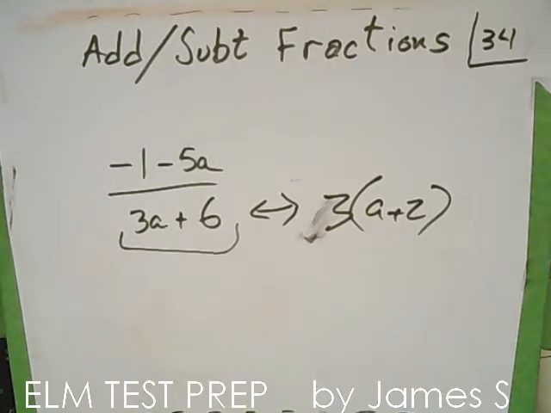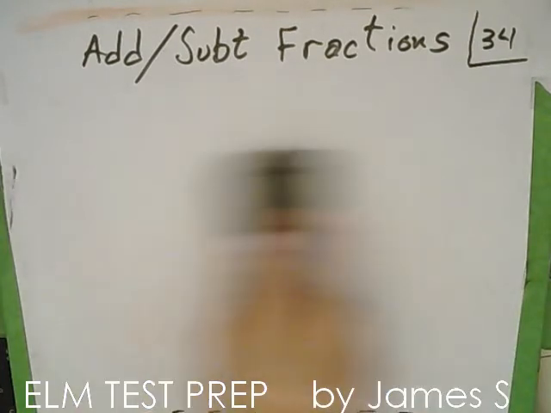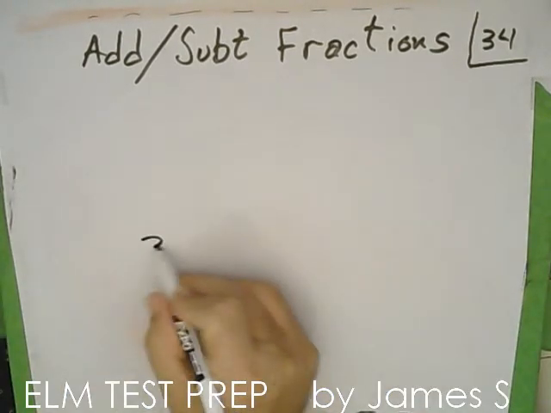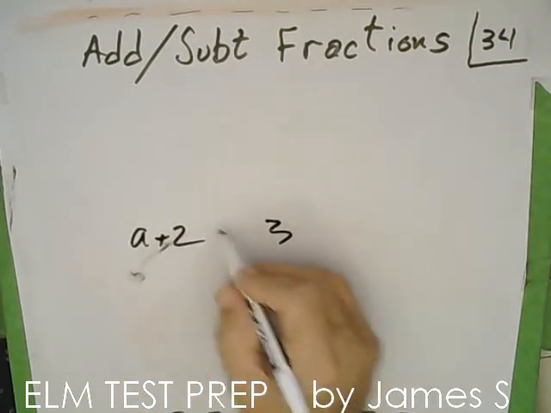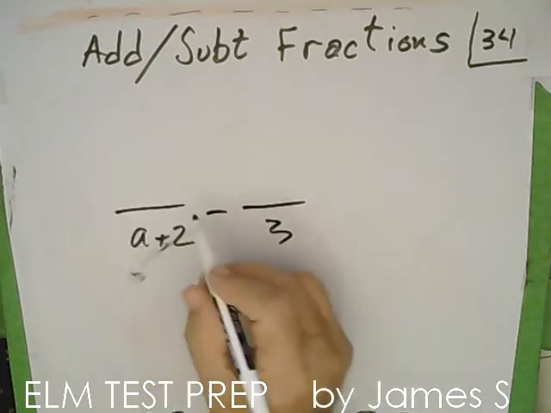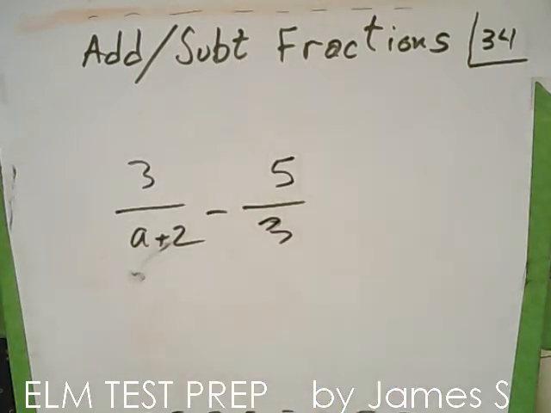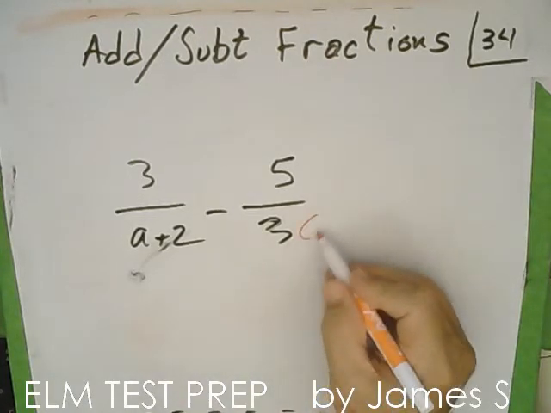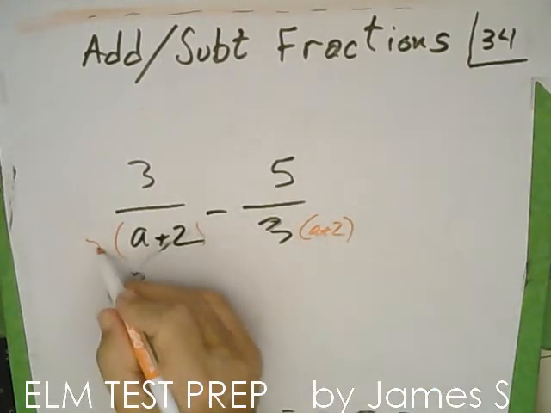Let's go back here just a little bit if I can remember what this is. Okay. I had a plus 2 here and 3 here, and a minus, and I think I had a 3 here and a 5 here. Well, you remember when we multiplied this side by a plus 2 to make it common, and this side by 3?